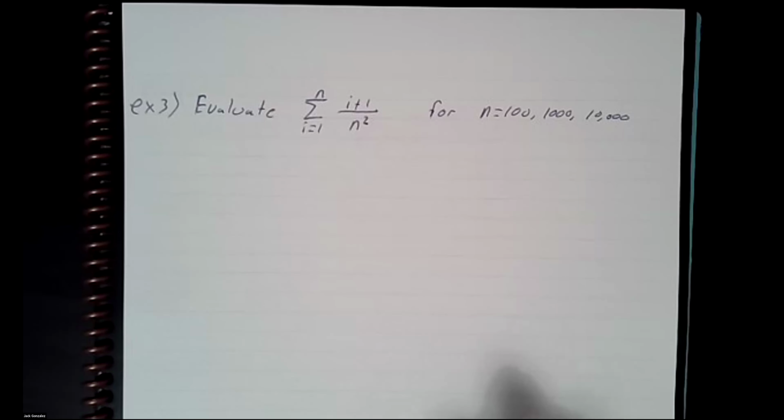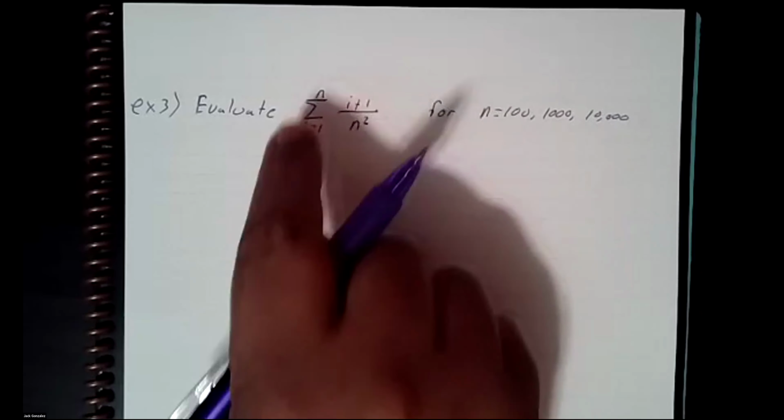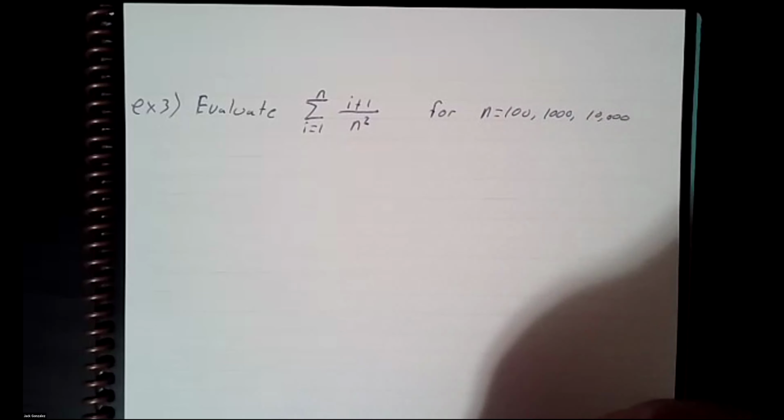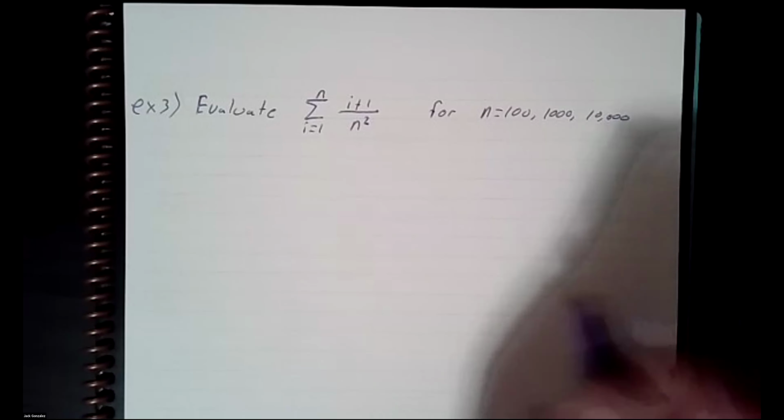So you evaluate this sum, and once you find the general sum, plug in these n's, and then you can get different totals. So you can say, well, let n go all the way to 100, 1,000, or 10,000.